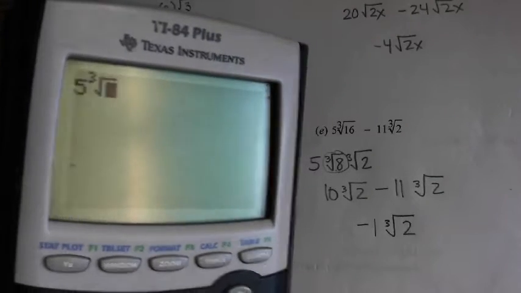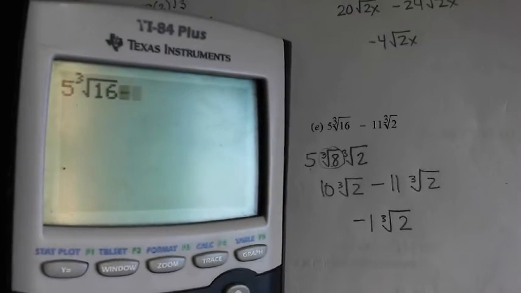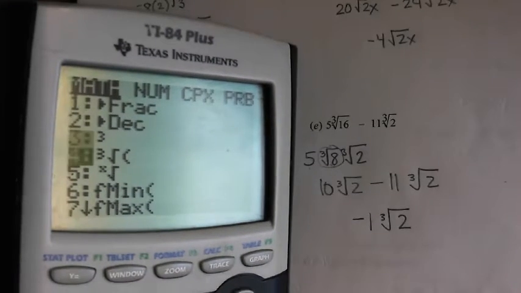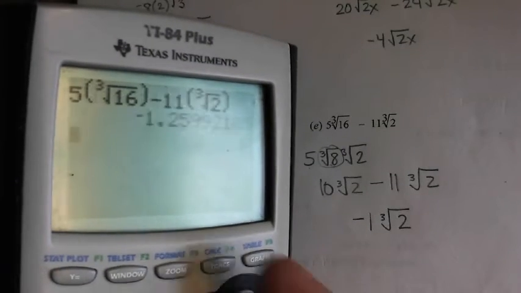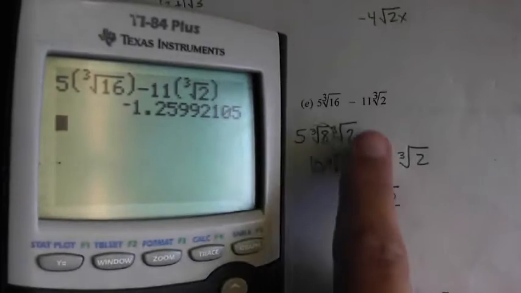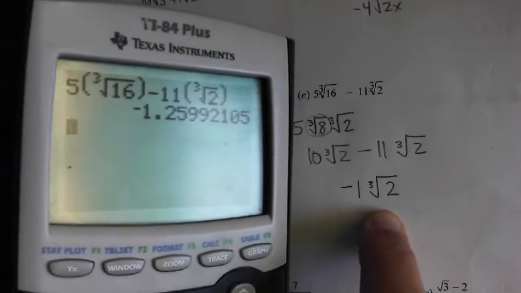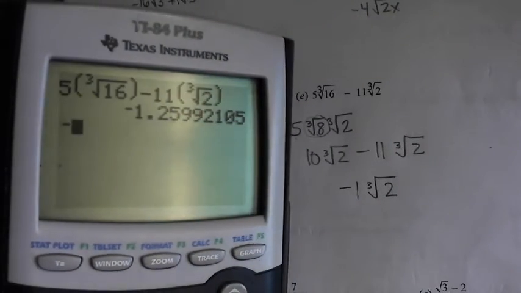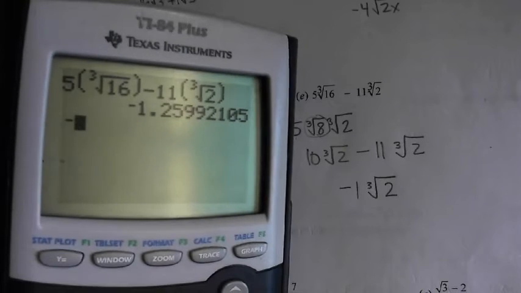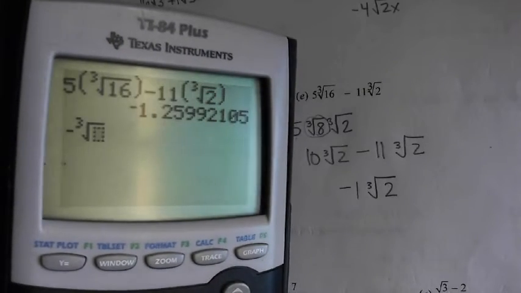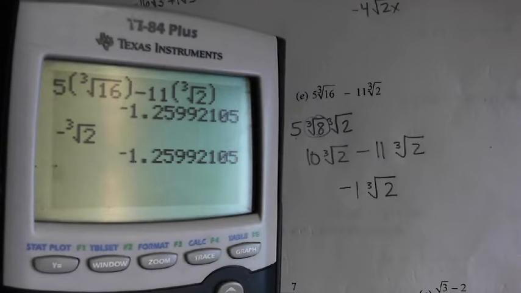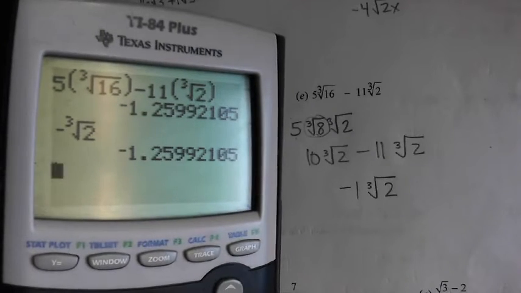Cubed root 16 minus 11 cubed root of 2. And it's going to be a crazy decimal, but if you think it's simplified to the negative cubed root of 2, you can just type that in. And it should be a match, just if you ever want to check yourself.